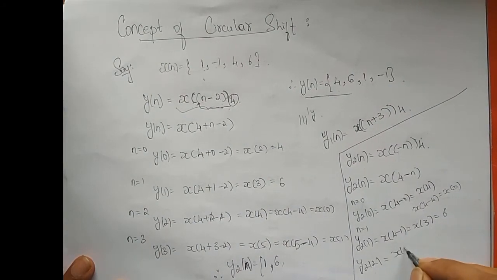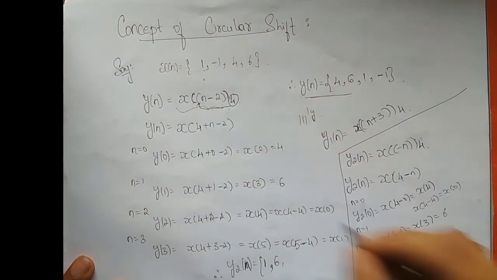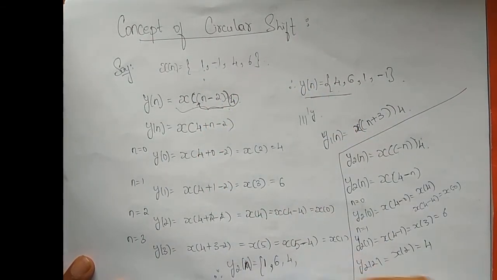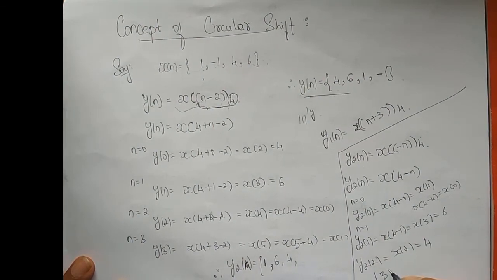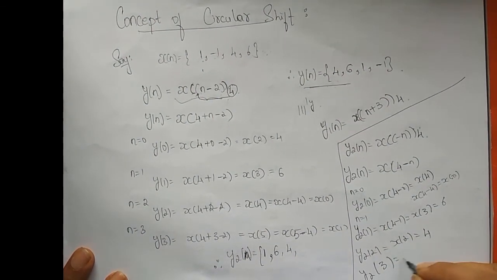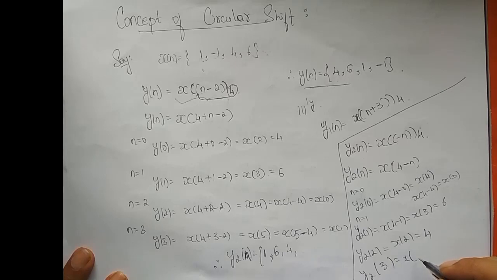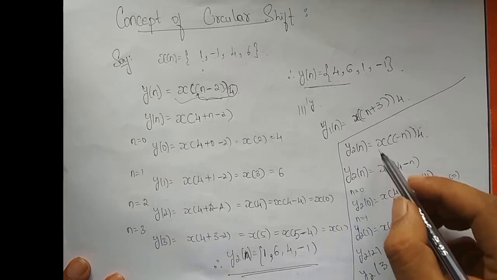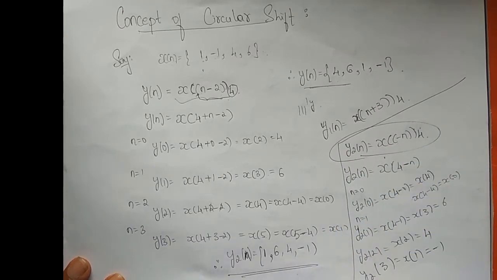It is x of 2, which is equal to 4. So I get 4. So what is y2 of 3? y2 of 3 is equal to x of 1, which is equal to minus 1. So this is equal to minus 1. And this operation is called circular time reversal. Okay.